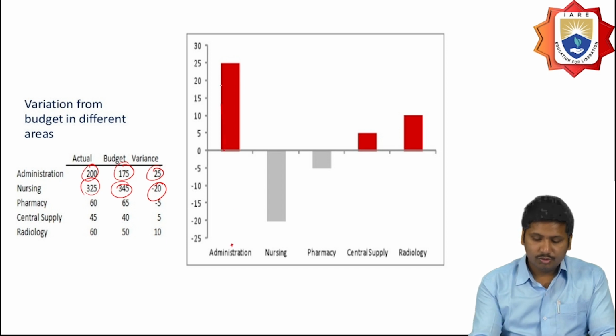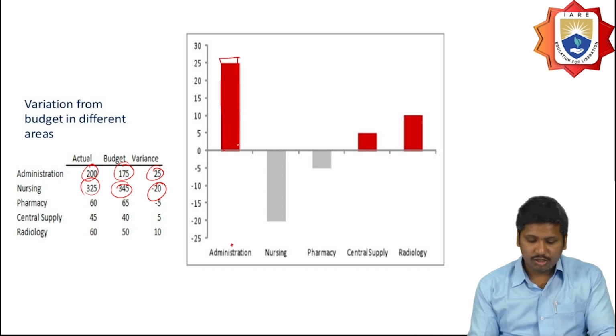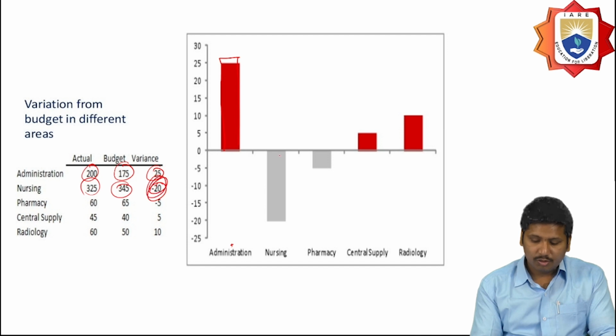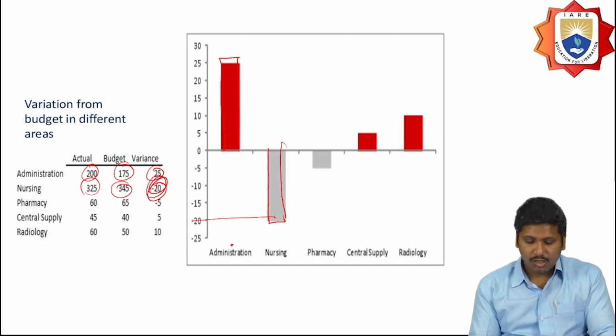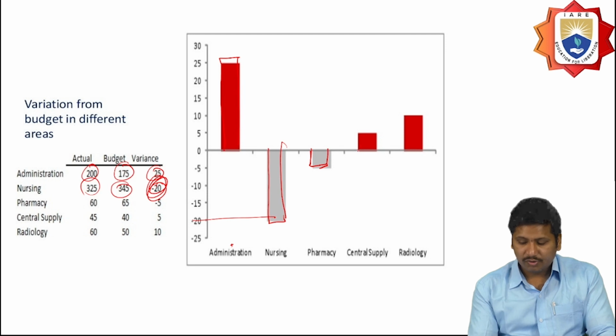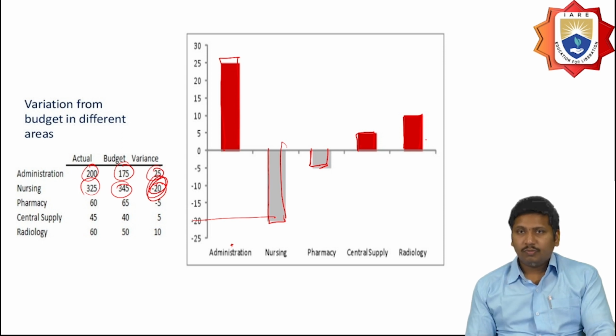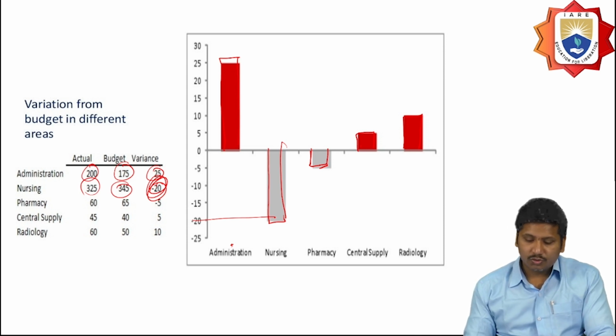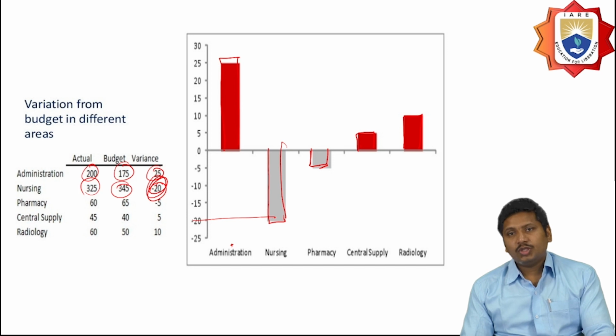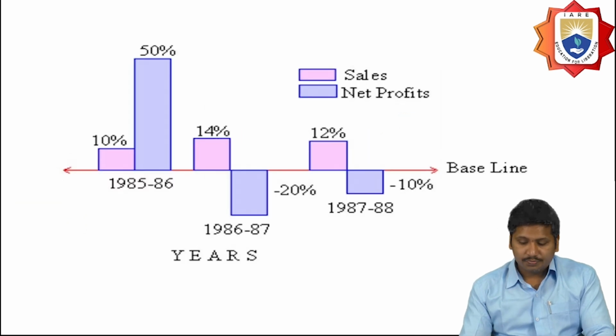For nursing it is minus 20, so I have to represent it in the downward direction, minus 20. Pharmacy minus 5, so again I have to draw in the downward direction. Center plus 5, so I have to draw upward. Radiology again plus 10. Like this, I can make a deviation bar diagram. It contains the positive and negative values.